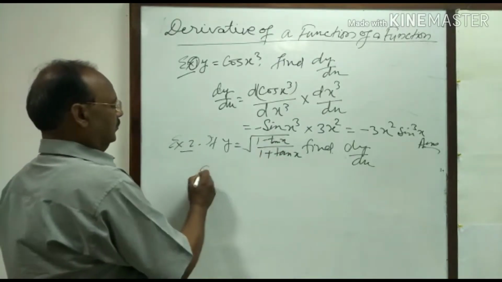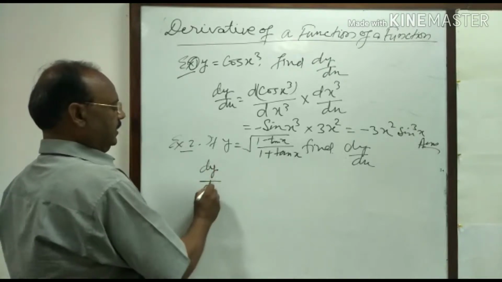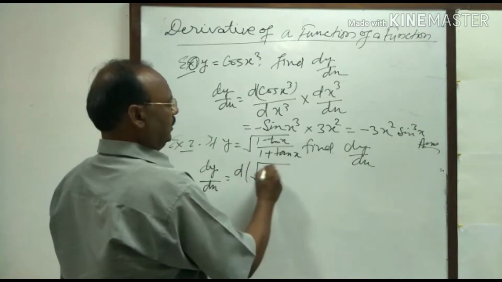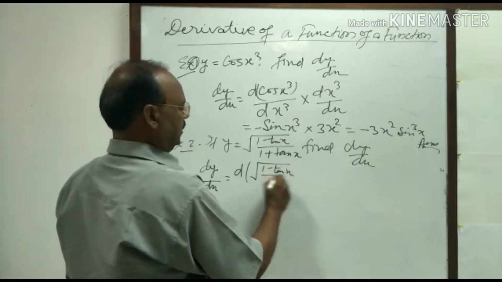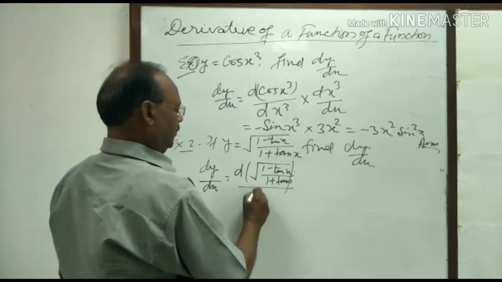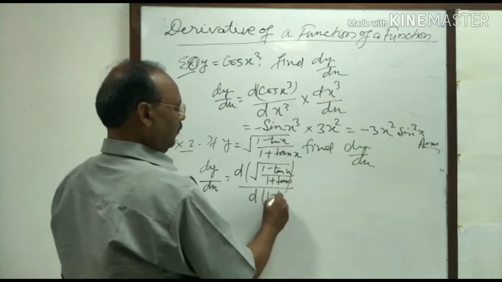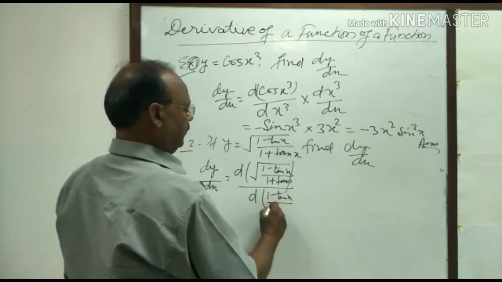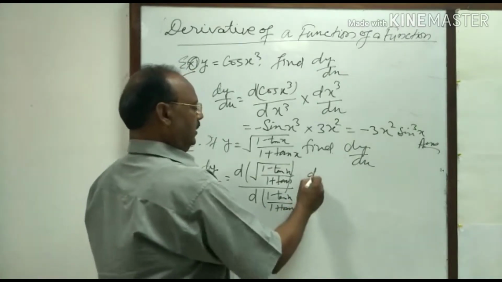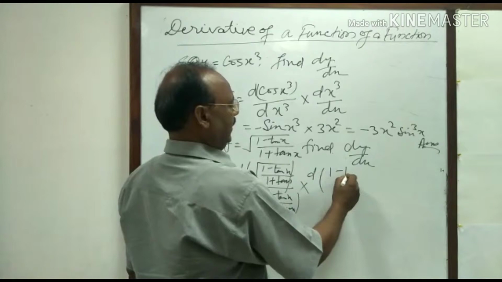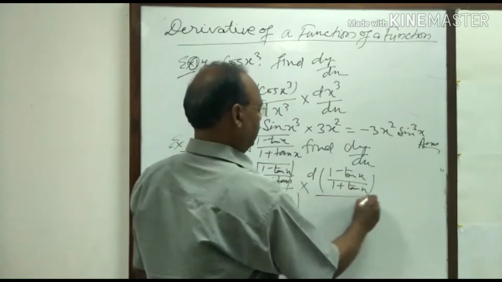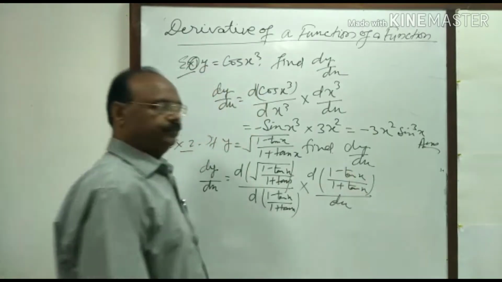So we can write here derivative of y with respect to x. So derivative of root over (1 minus tan x) upon (1 plus tan x) with respect to (1 minus tan x) upon (1 plus tan x) into derivative of (1 minus tan x) upon (1 plus tan x) with respect to x.